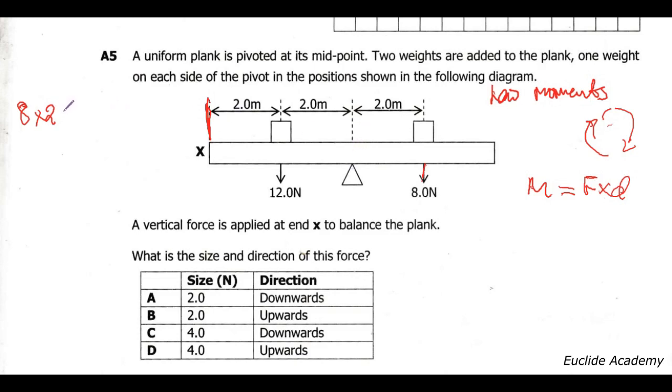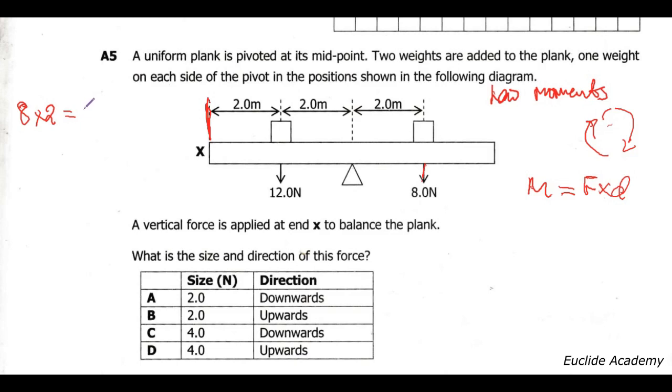So this moment should be equal to the anti-clockwise moment. Let's label the force as x, because x is anti-clockwise. It forces this beam to topple to the side. The distance from this point to the pivot is 2 plus 2, which is 4.